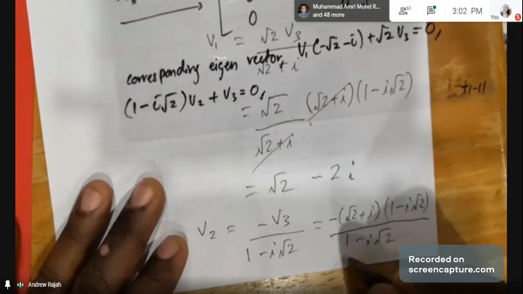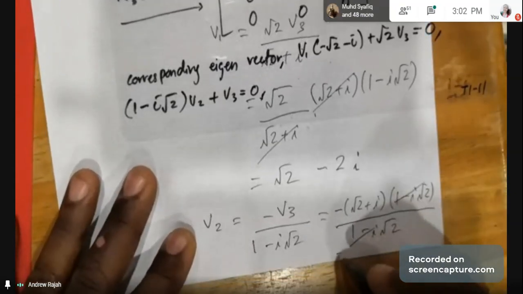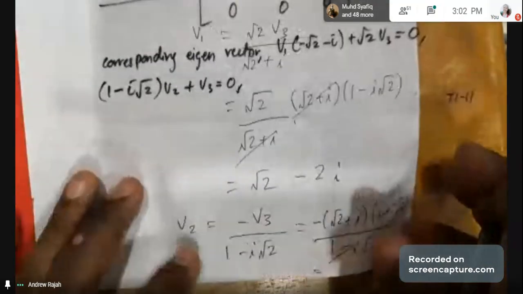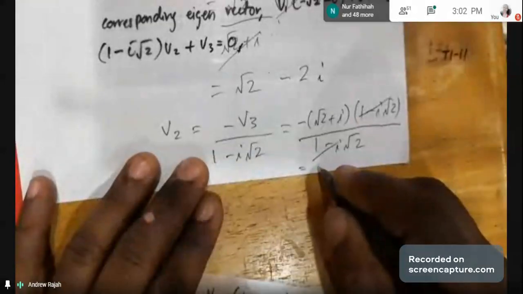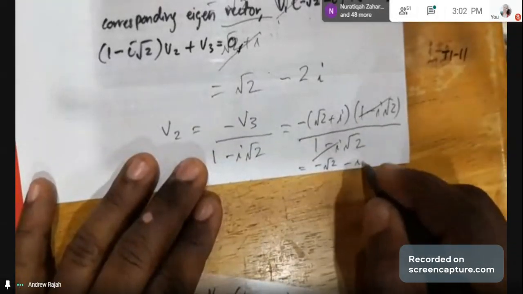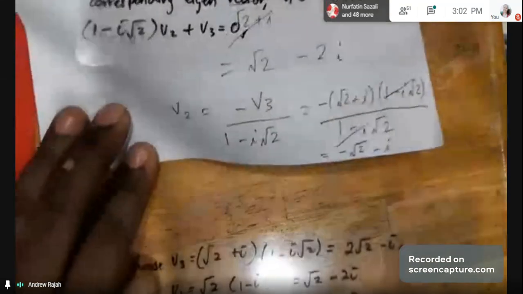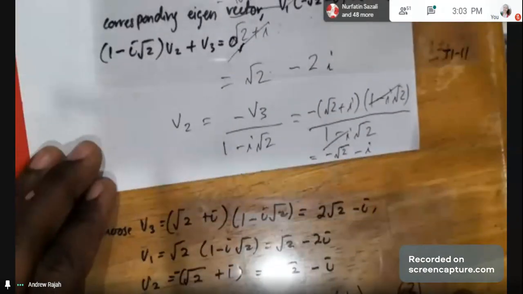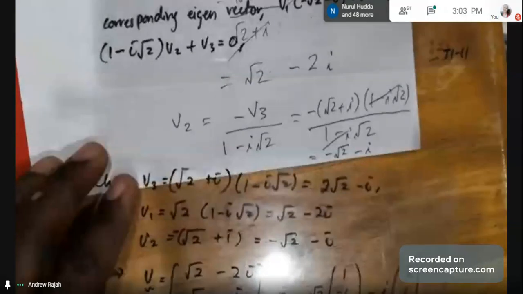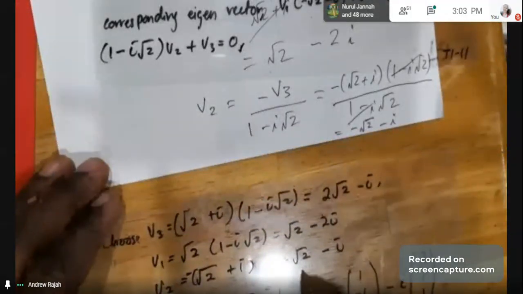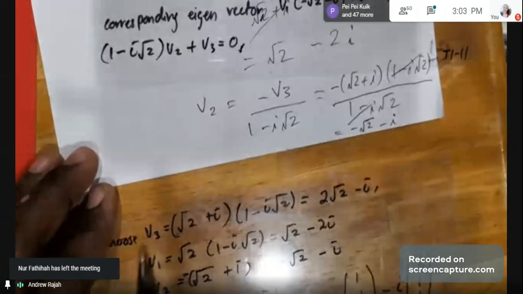So you see, cancel off. So you get negative square root 2 plus i. It's just a trick so that you can remove the complex number from the denominator. That's why you choose V3 as this.